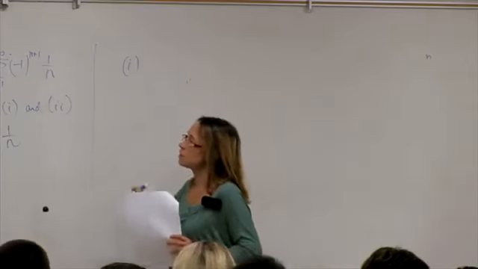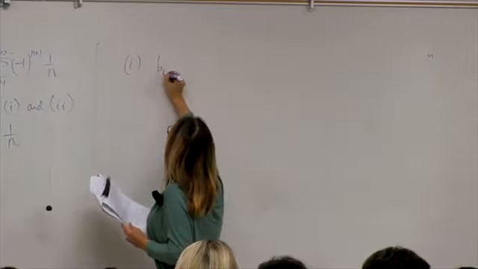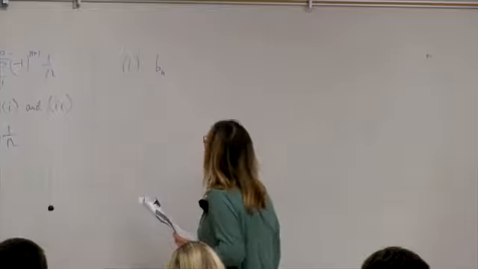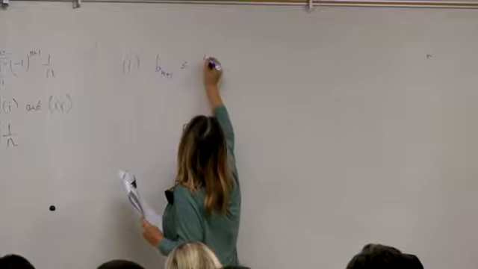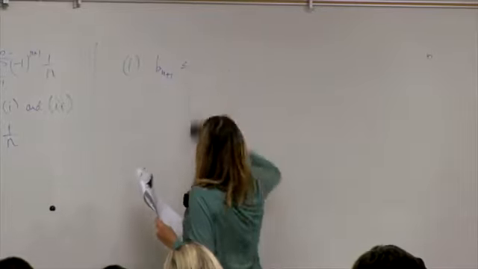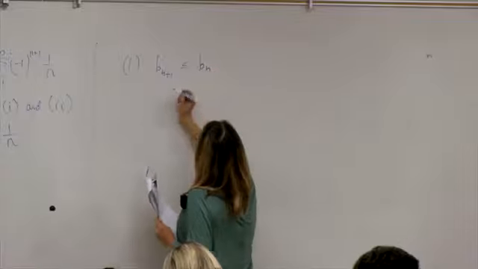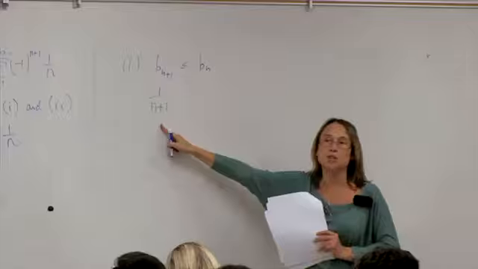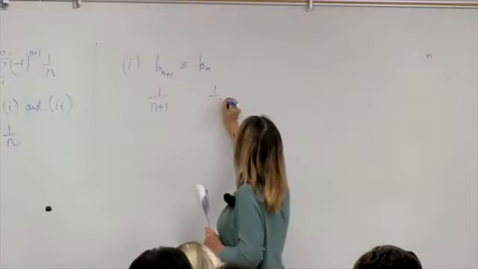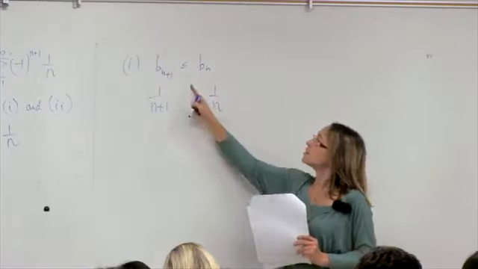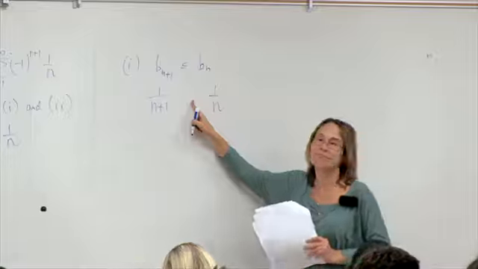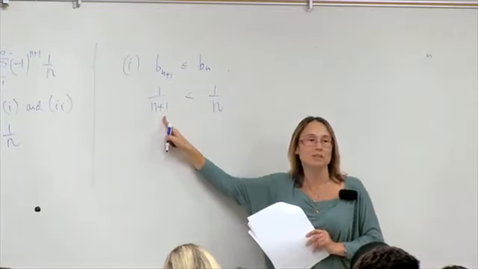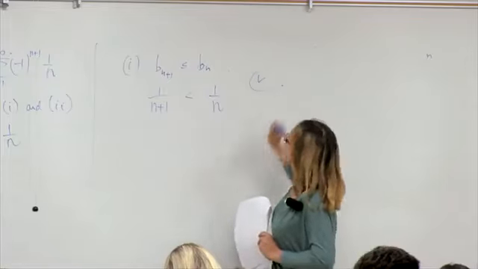The first condition states that bn plus 1 has to be smaller than or equal to bn. bn plus 1 is just 1 over n plus 1, and this is 1 over n. Does the inequality hold? Yes, it's quite clear that it does, because we add 1 to the denominator. So this is good.